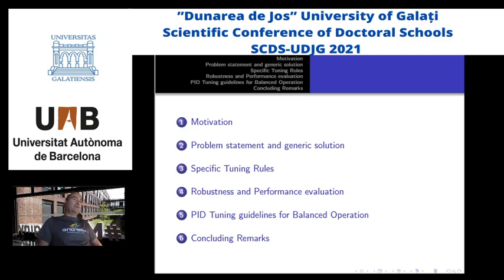It's a tuning that takes into account that at the same time the resulting control system has to be robust, has to have as low performance degradation as possible, has to behave well for set point tracking, for set point following, and also for load disturbance attenuation. Okay, and at the end, we'll provide some concluding remarks.